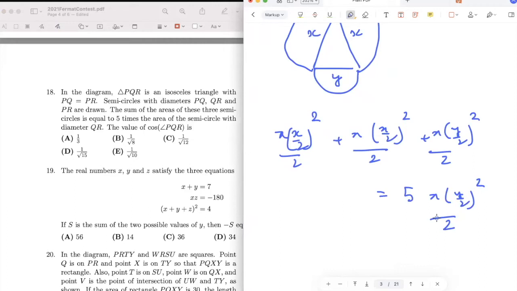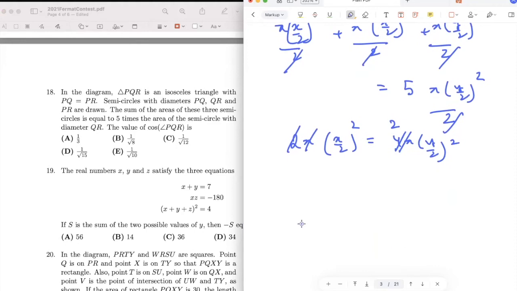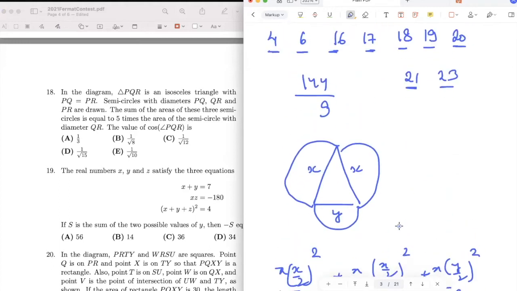So all the 2's can go. Okay. So 2 pi (X/2)^2 is 4 pi (Y/2)^2. So 2 cancels into 2, pi cancels. So x squared is 2y squared. So x is y root 2. Okay, so this side, so this was PQR.